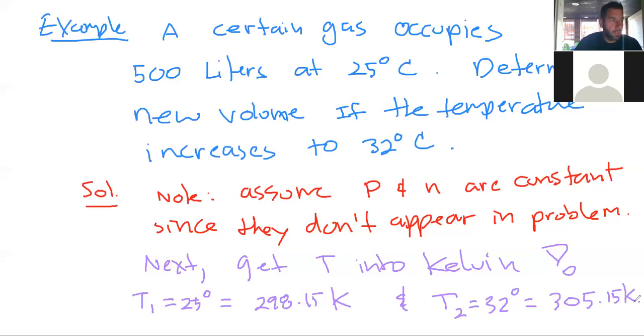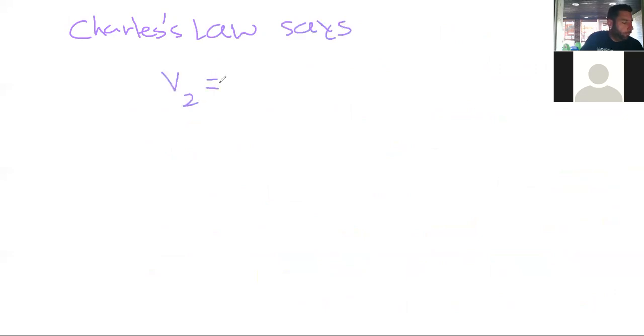We have our two temperatures, and now all we have to do is plug and chug. So if we take Charles' law, let's write it this way this time. It says our new volume is our new temperature divided by the old temperature times our initial volume.